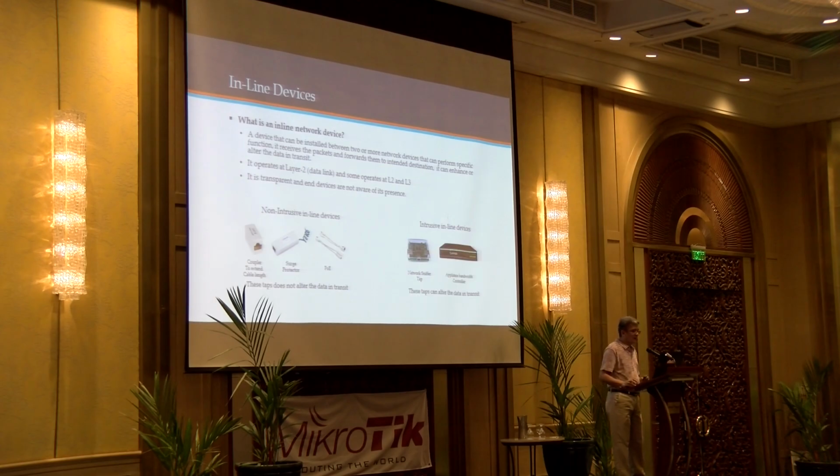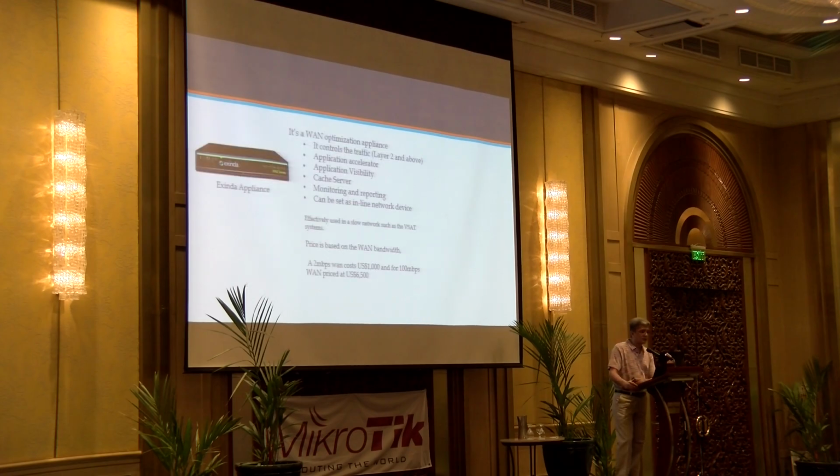And then there are types like the appliance bandwidth controller. This device, you just connect to your network, and it will optimize your bandwidth transparently. Now, I will focus more on Exinda because it's very interesting. Exinda is an optimization appliance. It can control the traffic at layer 2 and above.